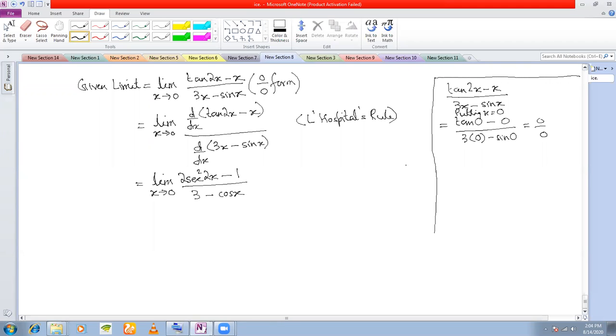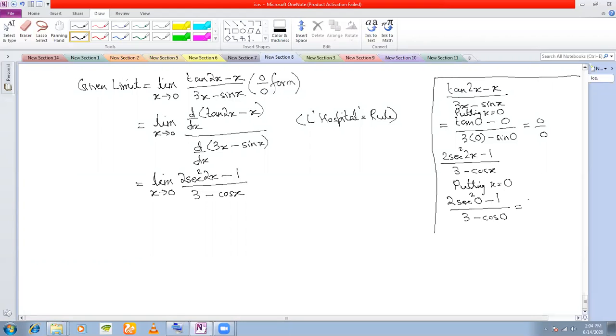Okay, so now we'll again check 2 sec squared 2x minus 1 divided by 3 minus cos x, putting x is equal to 0. You get 2 sec square 0 minus 1 divided by 3 minus cos 0.